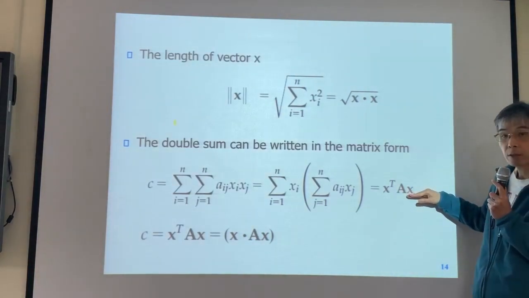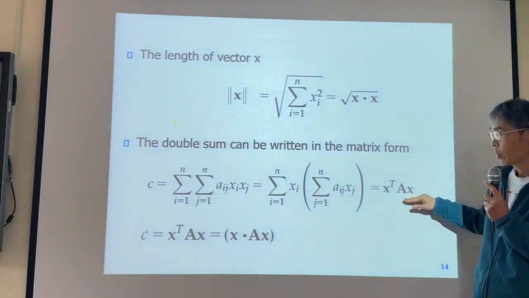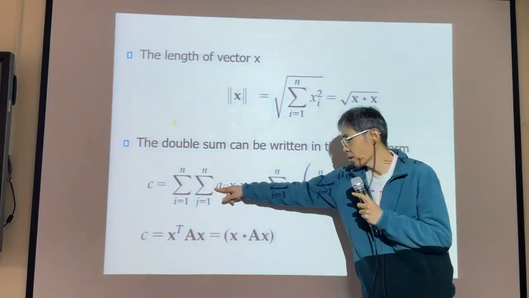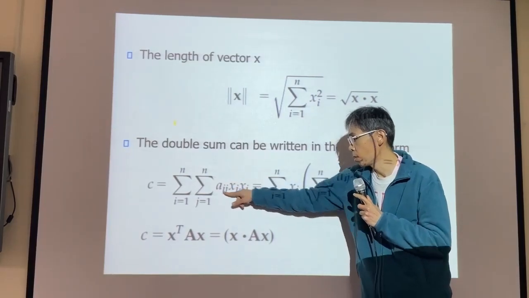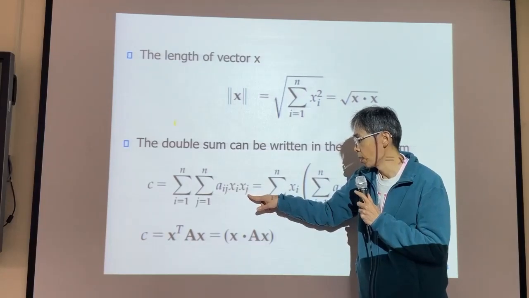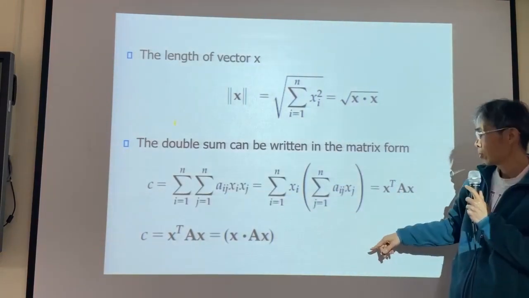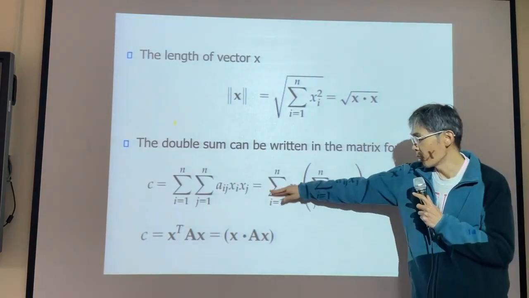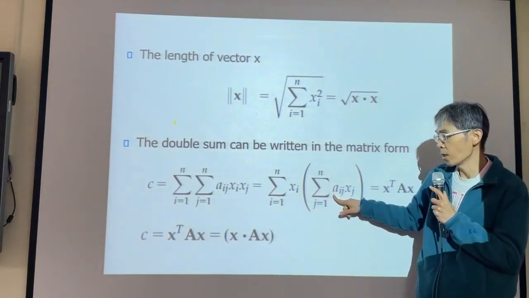So this is matrix form. And this is the Einstein form. Yeah, Einstein form looks like this one, Aij xi xj. If you see this one, yeah, this is Einstein notation. And this is the summation notation.